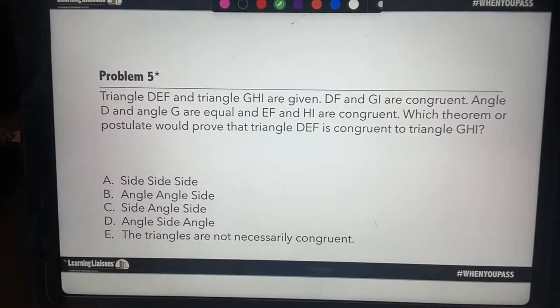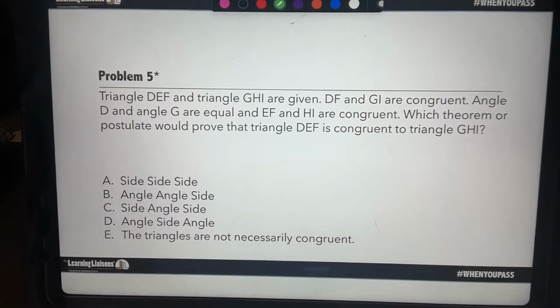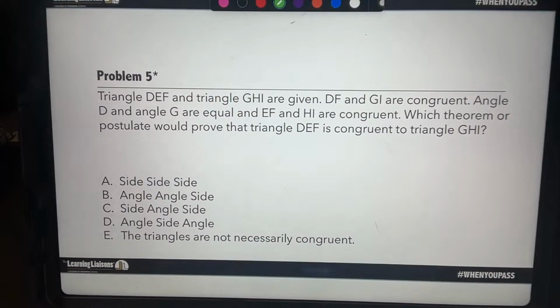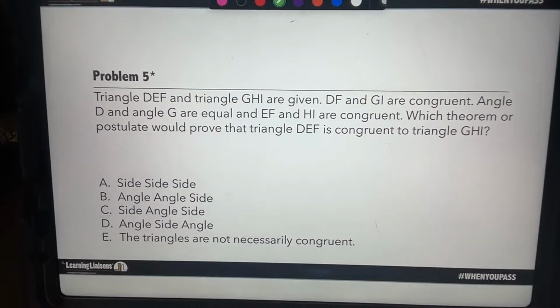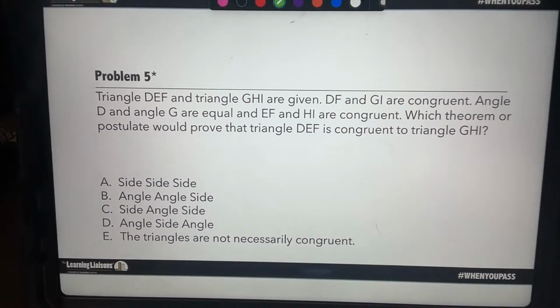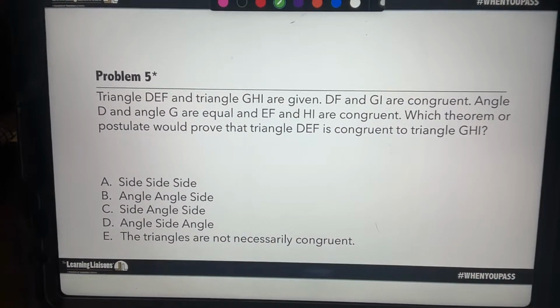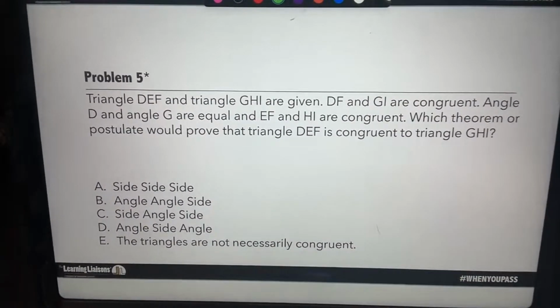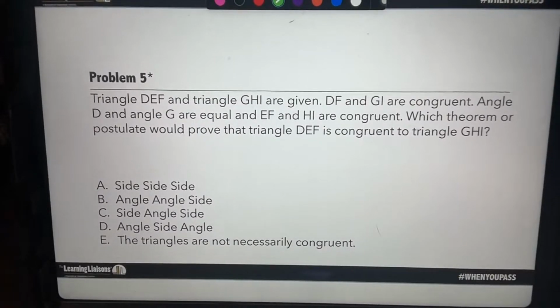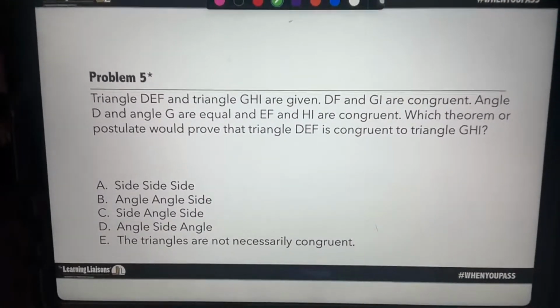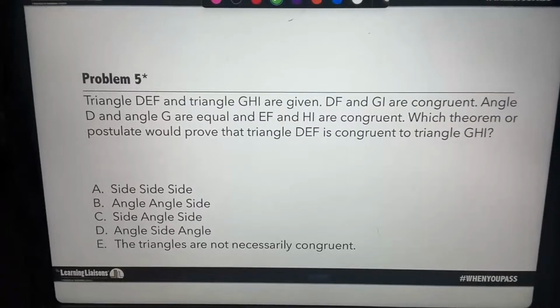Which theorem or postulate would prove that triangle DEF is congruent to triangle GHI? Side, side, side. Angle, side, angle. Angle, angle, side. Side, angle, side. Or the triangles are not necessarily congruent.